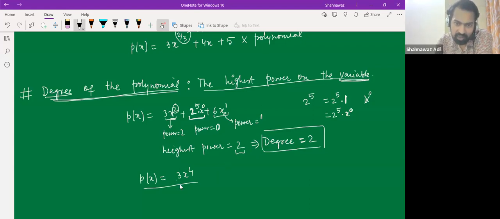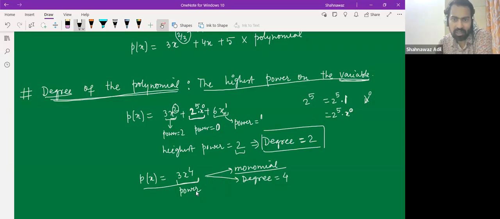But what is the power on the variable? The power on the variable is 4, right? So this is a monomial having degree equal to 4. Is that clear to you guys? Is this clear?